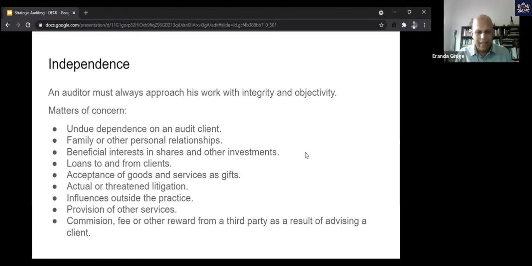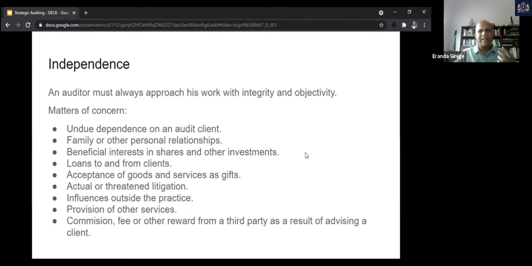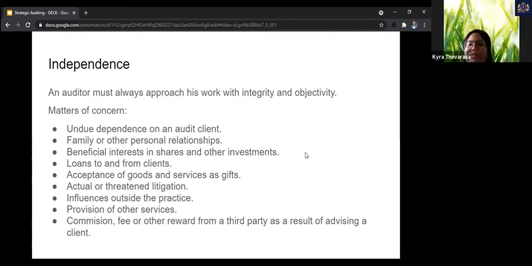And secondly, it creates an undue dependence and a relationship, right? When one of your clients or one of your partners receives a gift, that crosses the professional boundary and goes to the friendship boundary.